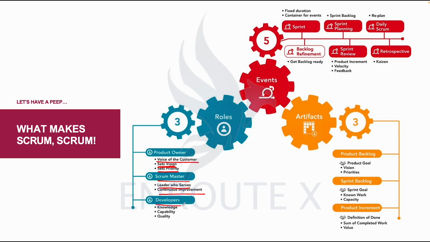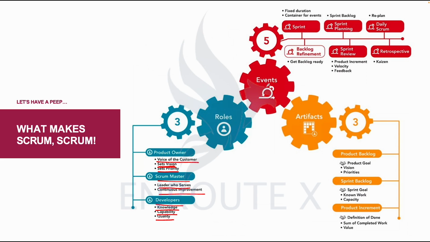They are expected to have the right knowledge to deliver, to have the capacity, and to work and deliver quality. Those are the 3 roles in Scrum.